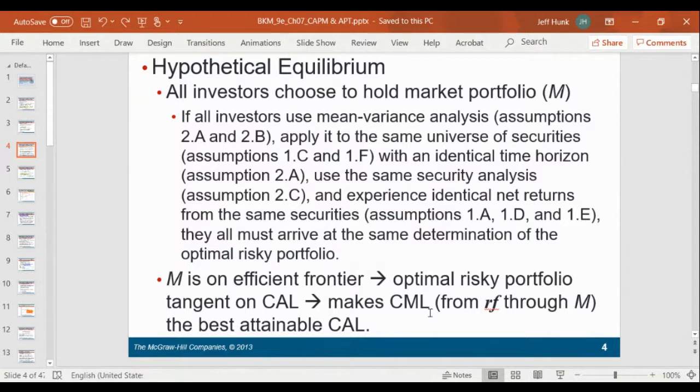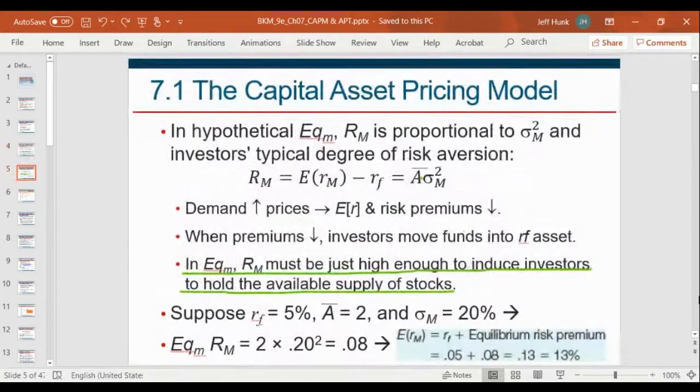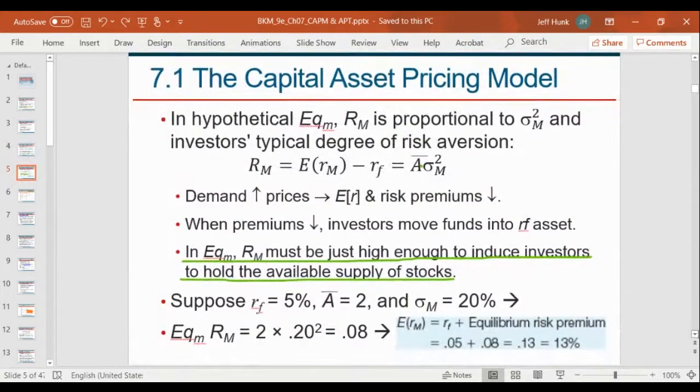The capital market line is basically the CAL of the market portfolio. It runs from the risk-free return through that tangency point. It makes the CML the best attainable capital allocation line. Okay, those are just theoretical background.